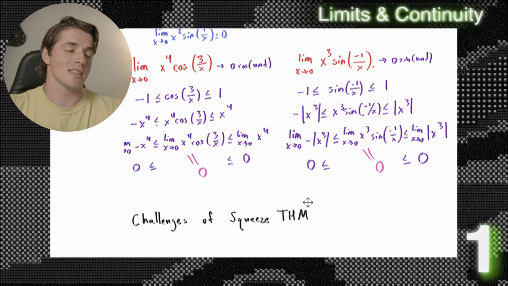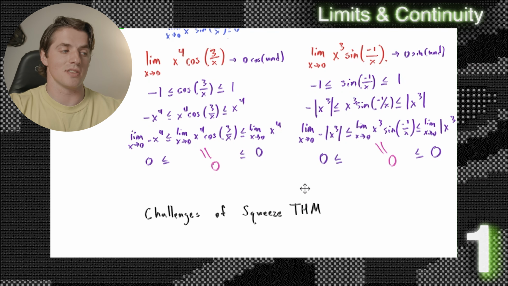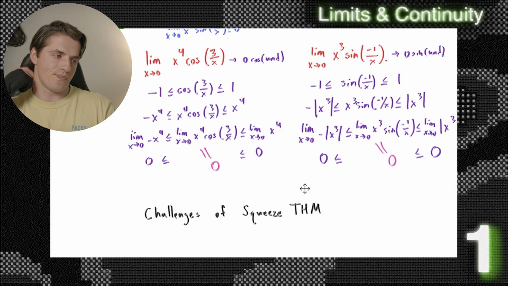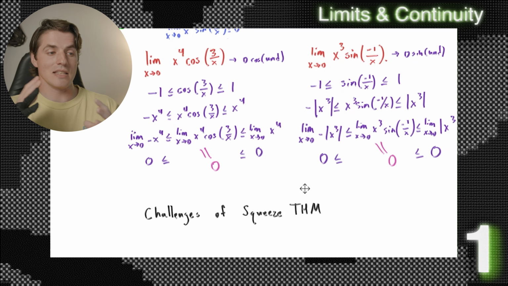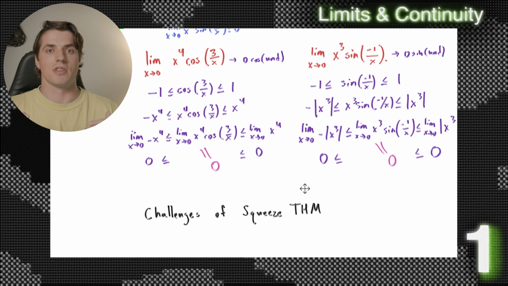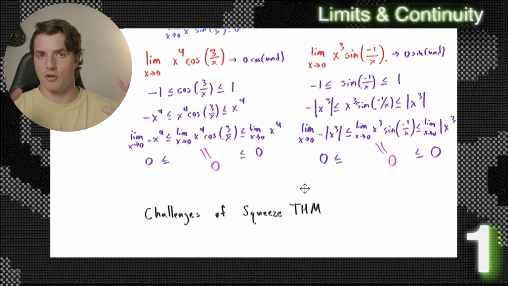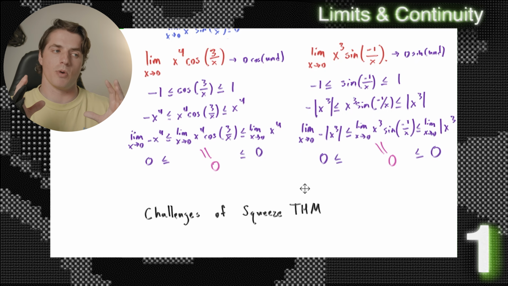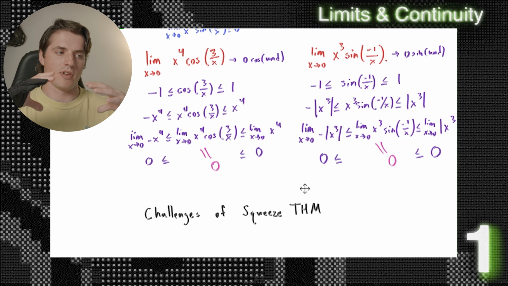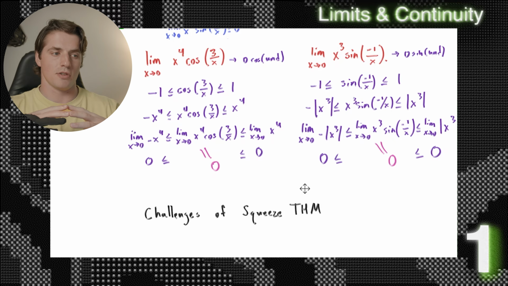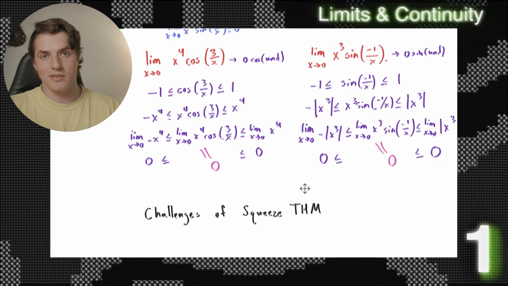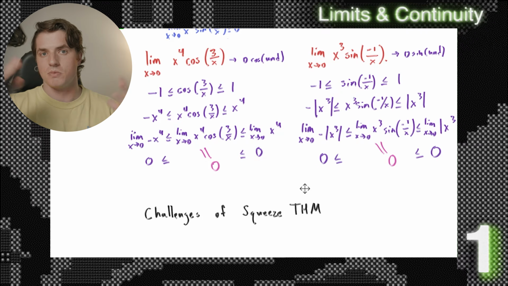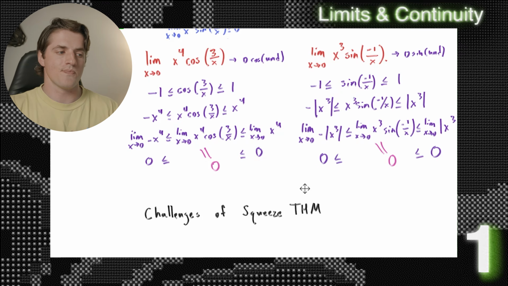Okay, the last thing that I put here is challenges of the squeeze theorem. I think something that's really challenging about the squeeze theorem is coming up with the functions that bound our function of interest. It's very hard to come up with what is always above and what is always below our function, and that has the same limit at 0 in our case, but whatever value of x we're looking for.